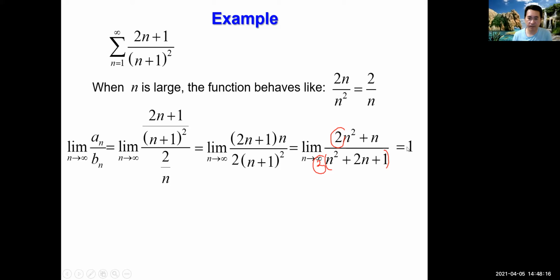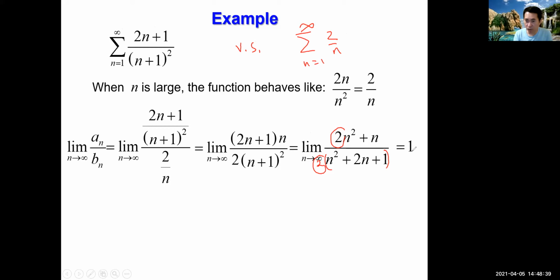What does it tell us? It tells us that the series we want to test and the series that we came up with, 2 over n, have about the same size.